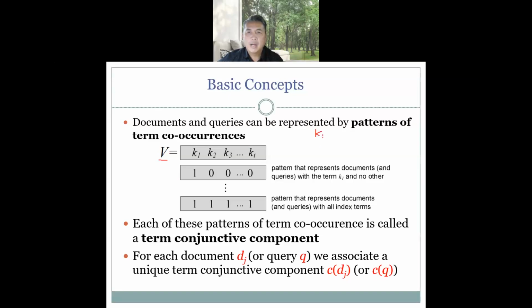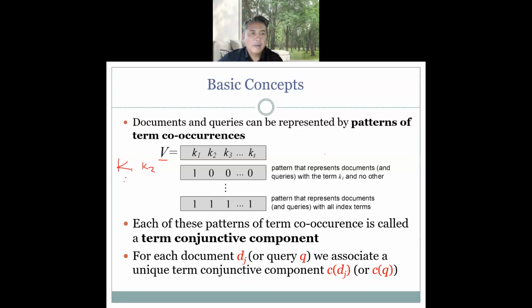For example, if we only have two keywords only. Okay, let's suppose I have keyword 1 and keyword 2 only.